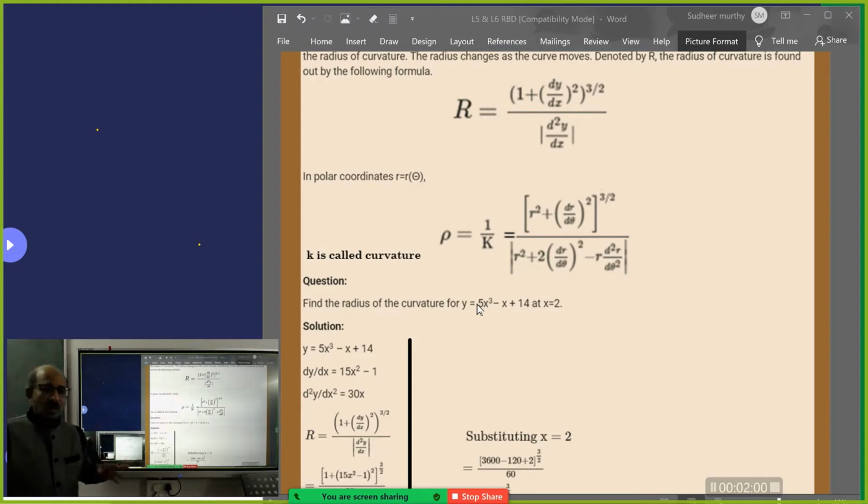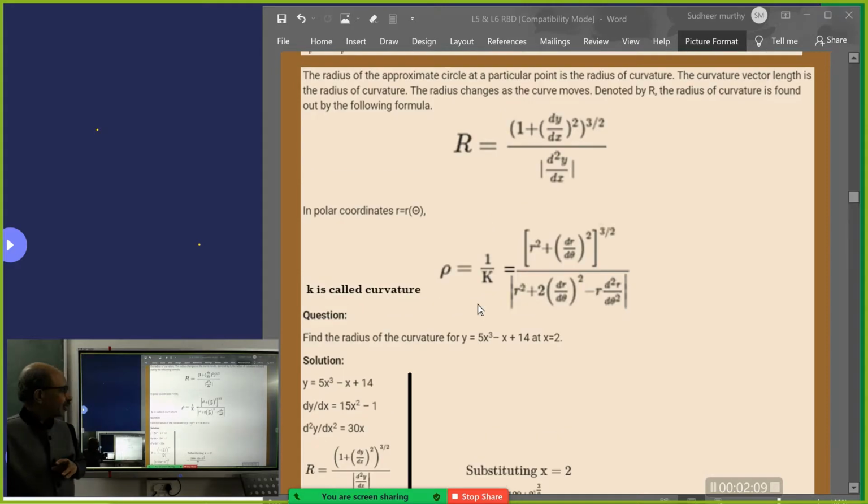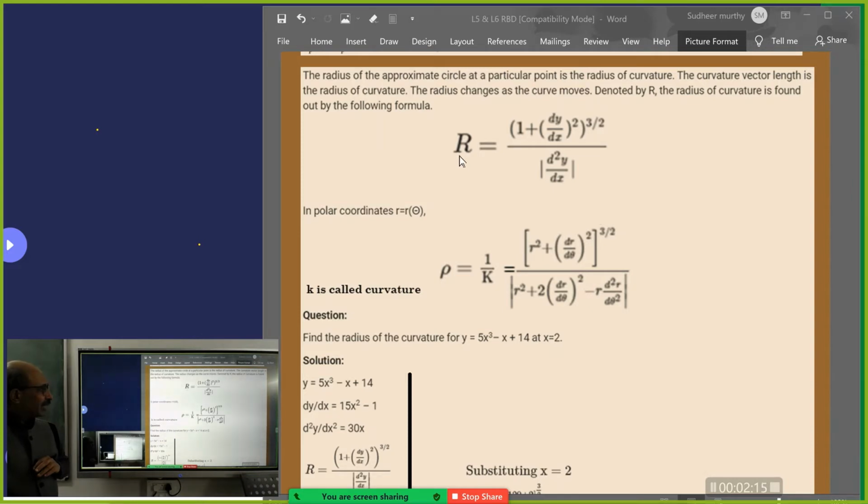The reciprocal of this radius is called curvature. Please remember, the reciprocal of the radius is called curvature. So the formula for finding the radius of curvature is: 1 plus (dy by dx) square, whole bracket raised to 3 by 2, divided by the modulus of d square y by dx square.